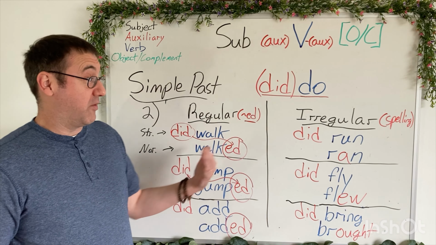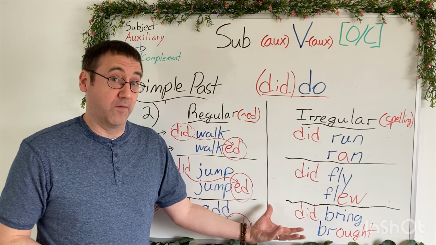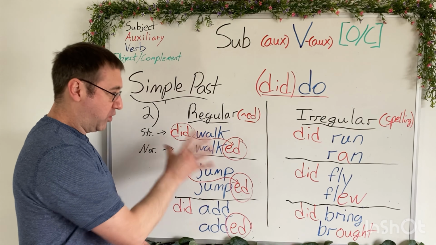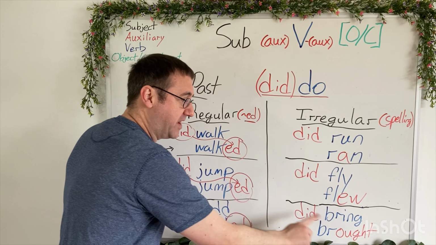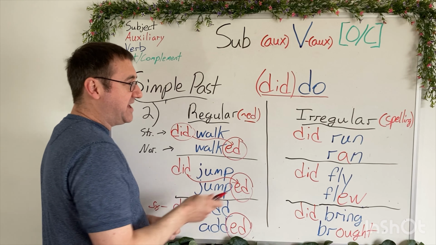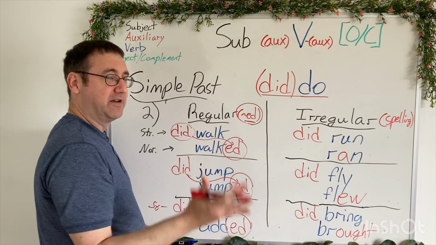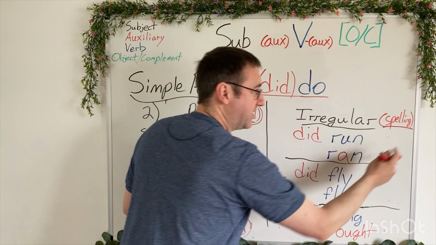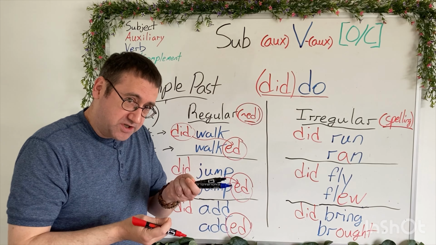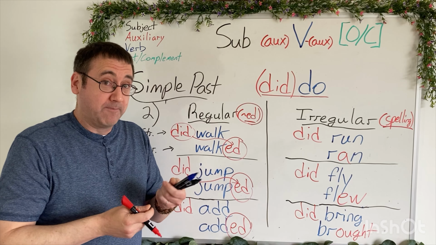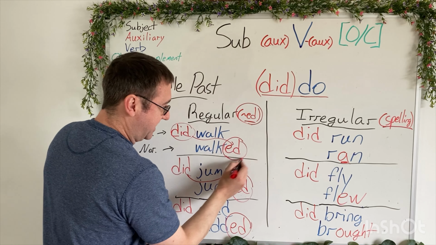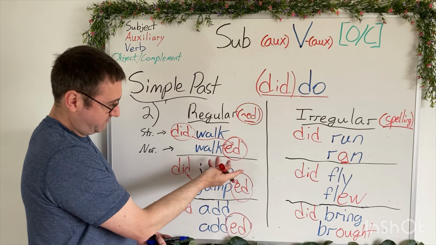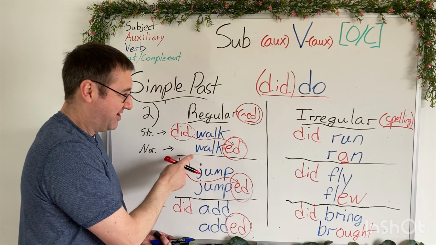So next, I want to just talk about irregular form. So irregular form works the same way as far as switching and moving, but instead of using ed, it's spelling. The spelling change, or the change of spelling, gives us the same thing as an ed, right? I mean, really, you're changing the spelling over here too.